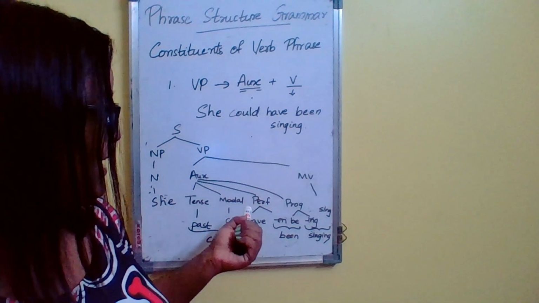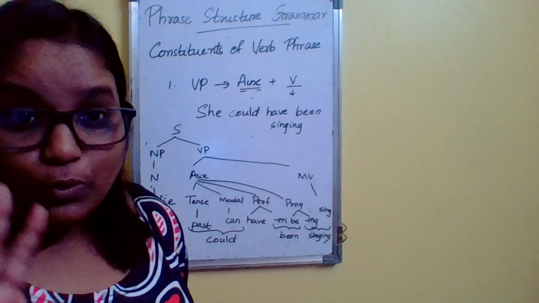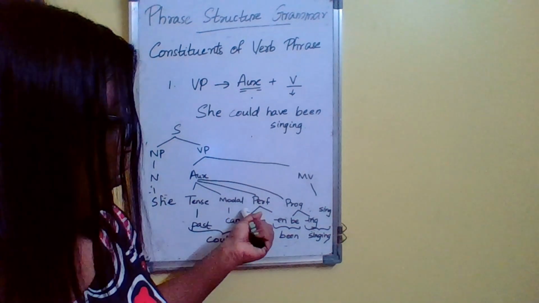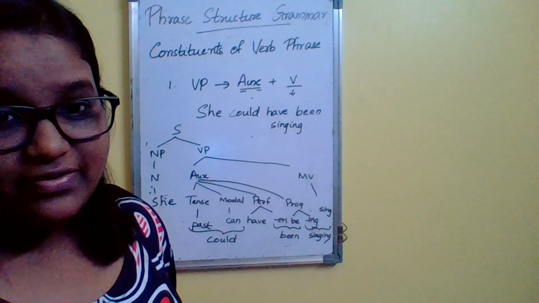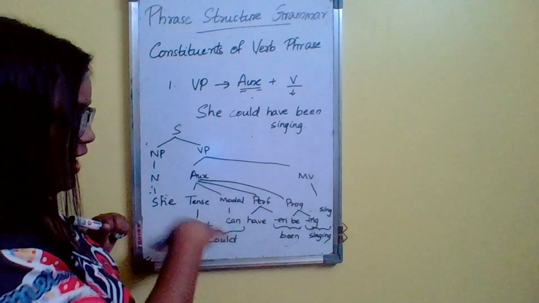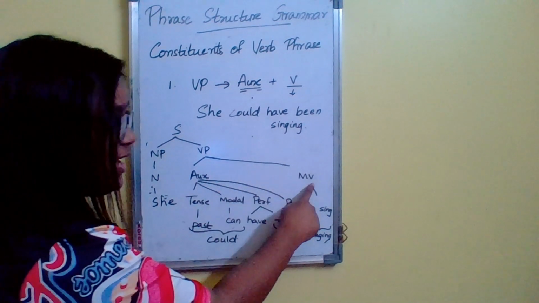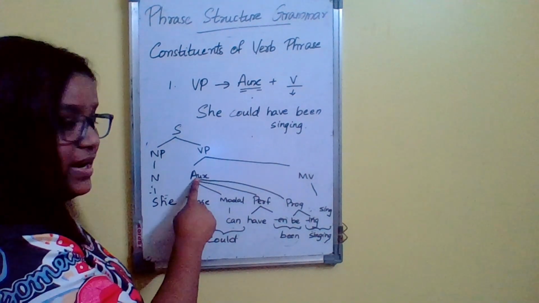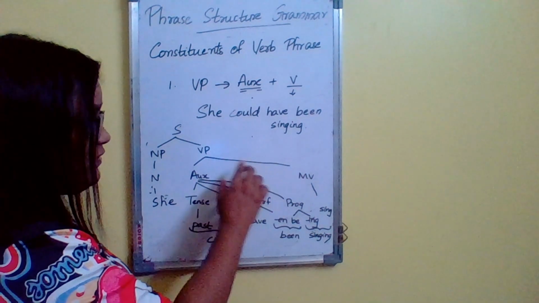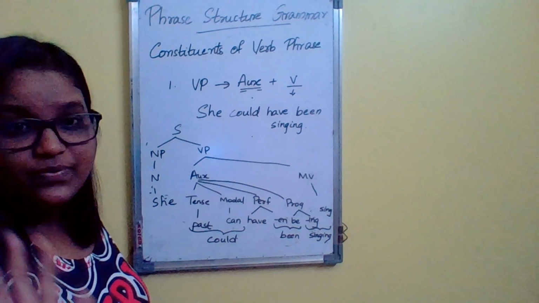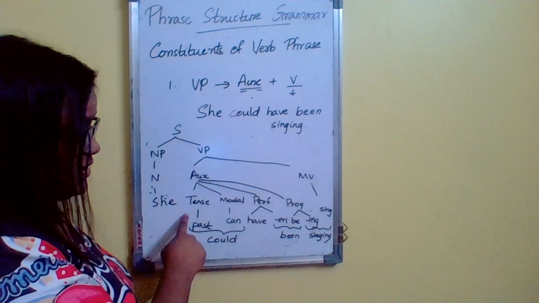So in this particular sentence, auxiliary has 4 parts: tense, modal, perfective and progressive. So let's try and do that once again. VP has 2 parts, auxiliary and main verb. Here auxiliary has 4 parts. We always have to account for the tense. So here it is past tense.